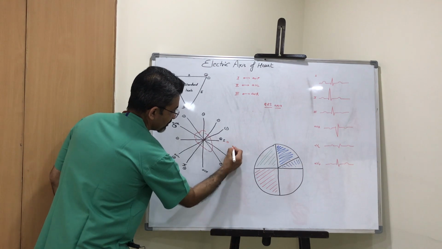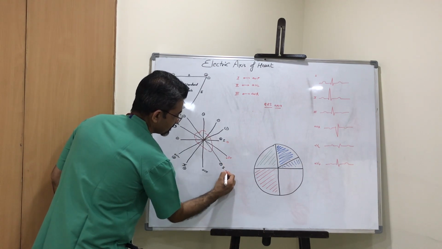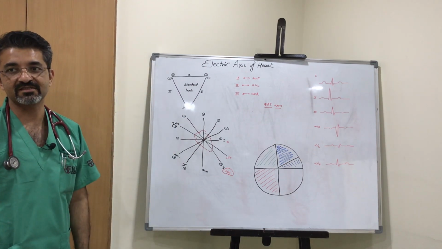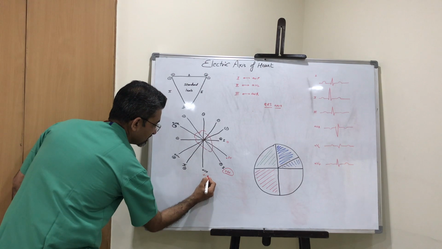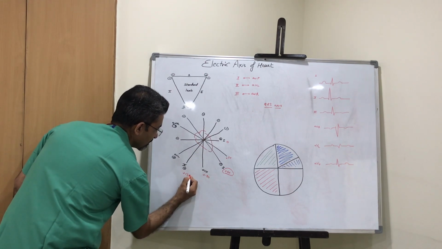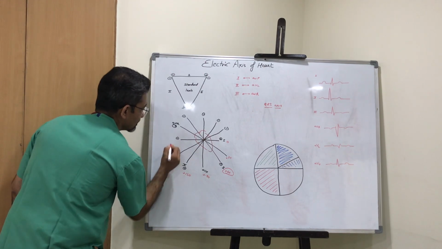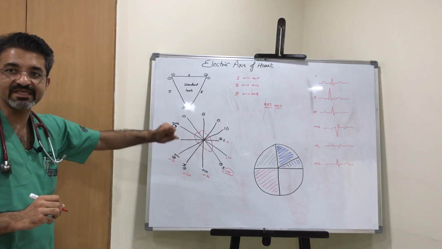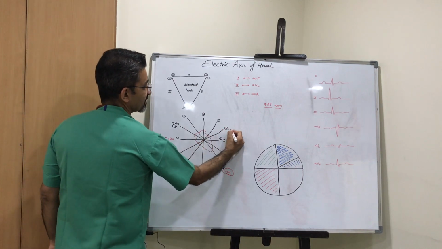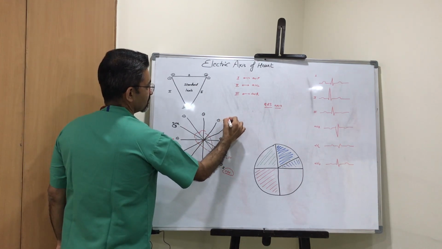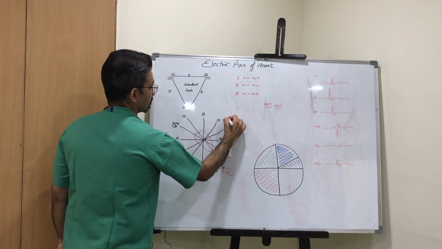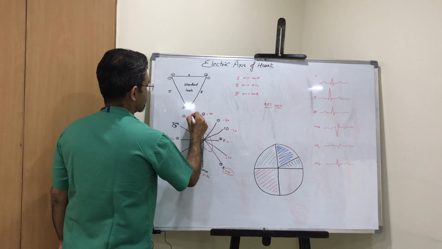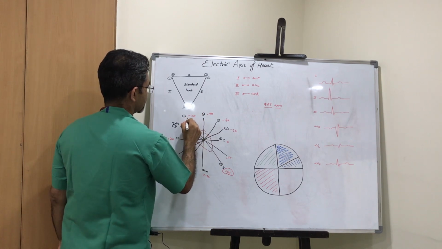Lead 2, the direction is, this is 0, this is plus 30, this is plus 60, so that means the QRS vector is directed towards plus 60. This is plus 90, plus 120, plus 150, this is 180. It can be minus also, it can be plus also, depending upon how you see it. Here it is negative 30, negative 60, negative 90, negative 120, negative 150.